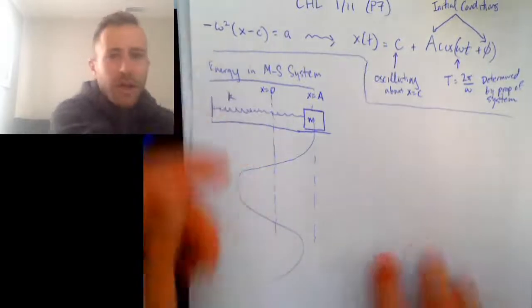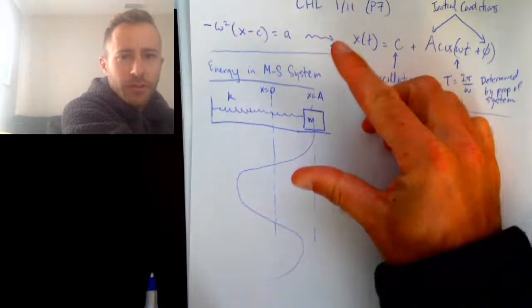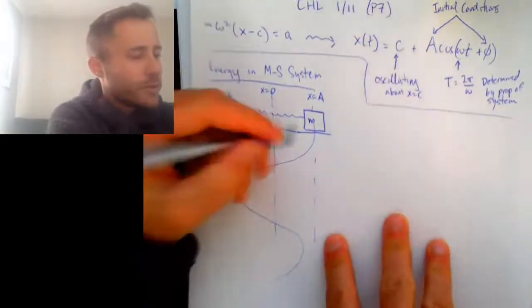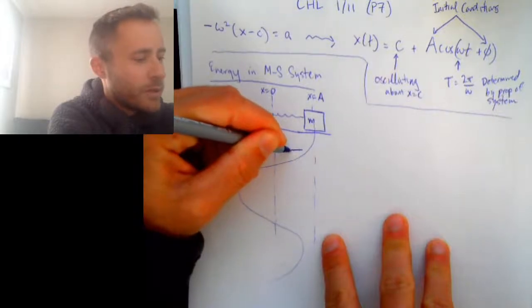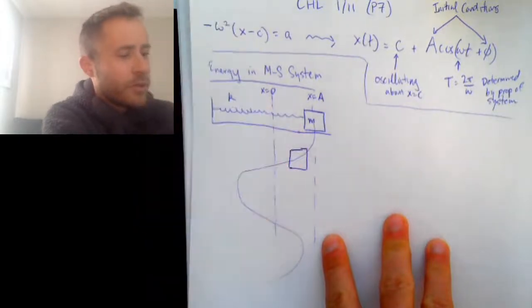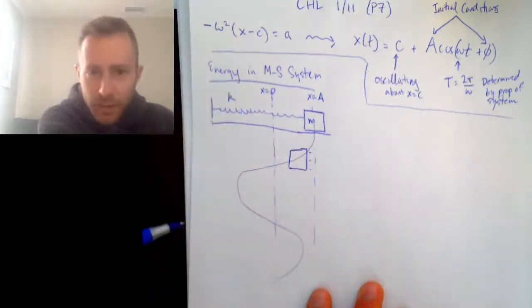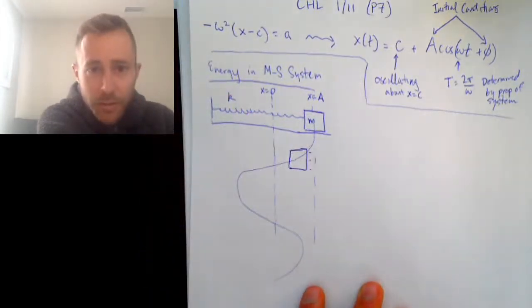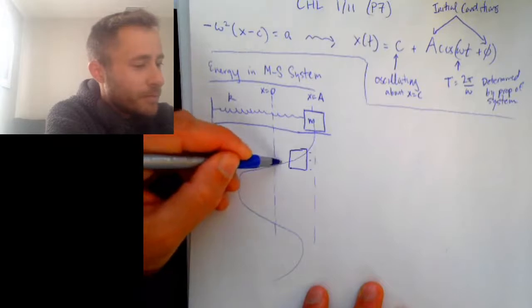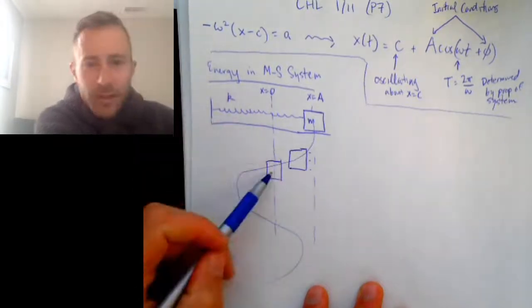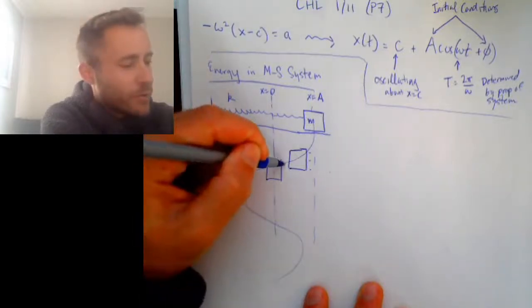After you release the mass, the elastic force is going to pull it towards x equals 0. And as it moves towards x equals 0, it's going to pick up speed. Actually, when it reaches x equals 0, it has the most speed.